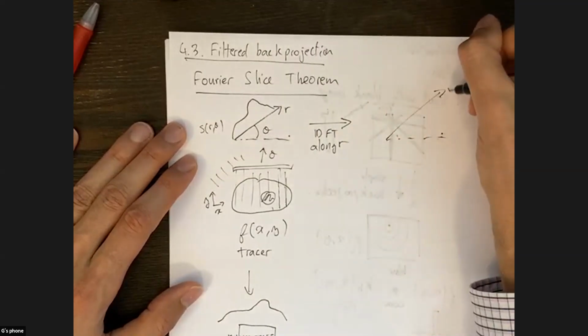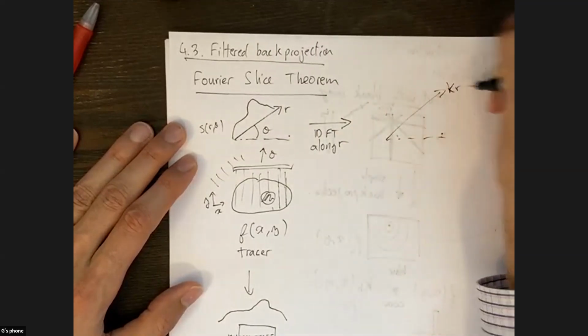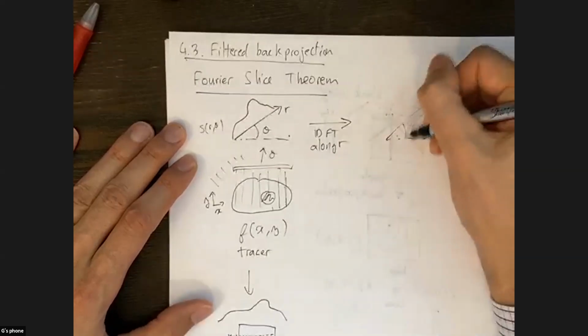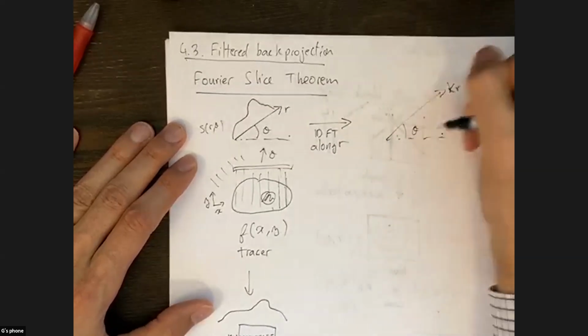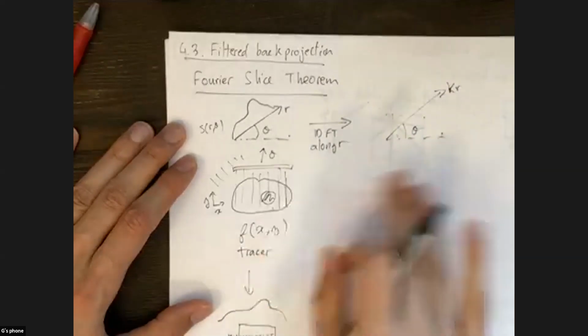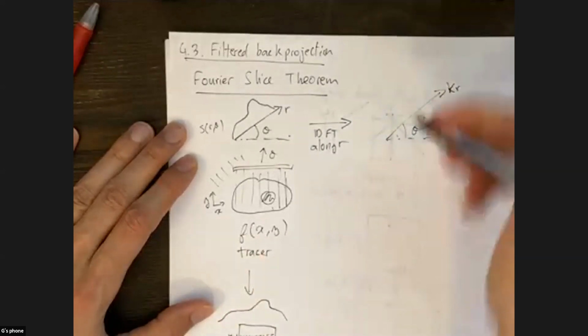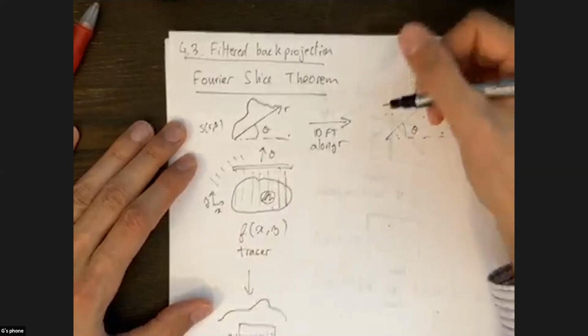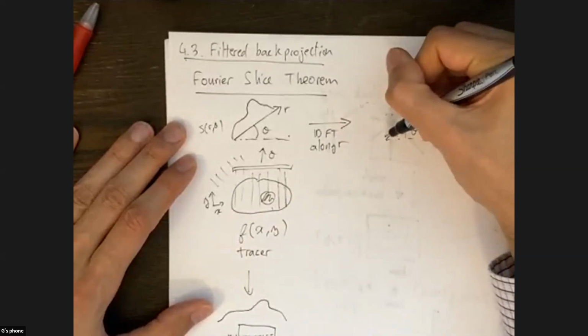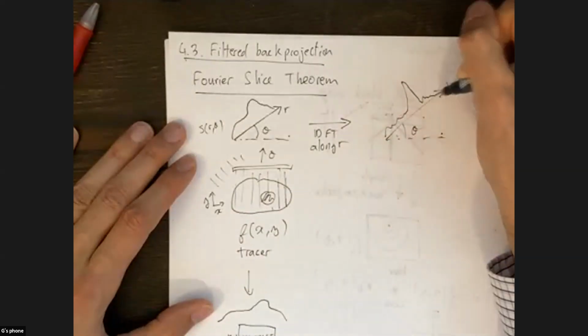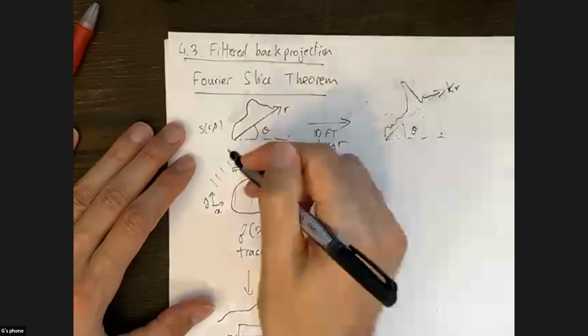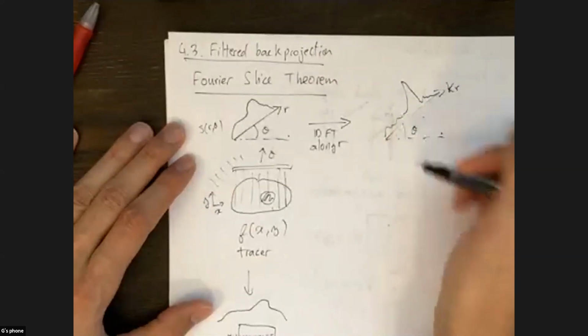So now the variable here is, sorry, KR. This is still theta. Taking the Fourier transform doesn't change anything but the angle, because we're taking the Fourier transform along R. And so now this is the spectrum of the one-dimensional projection that's shown here.